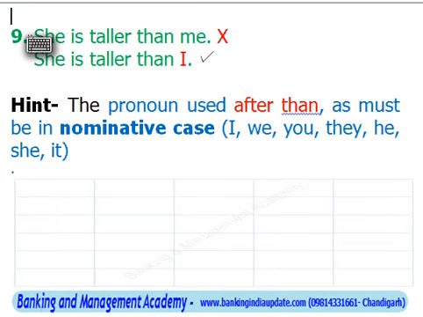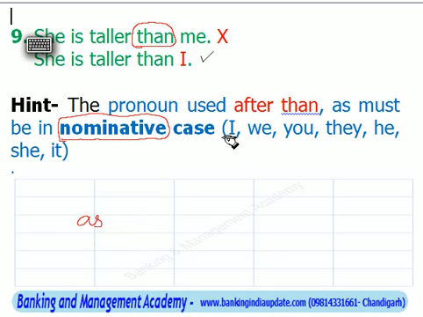Moving on to the next sentence. She's taller than me. In this sentence, we have to take care that whenever we compare using the word than or using the word as, then nominative case has to be used.